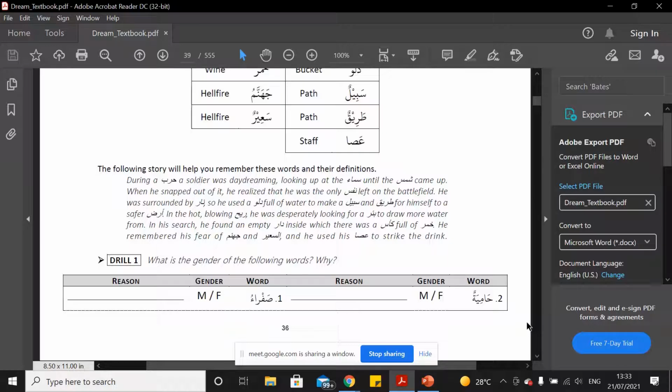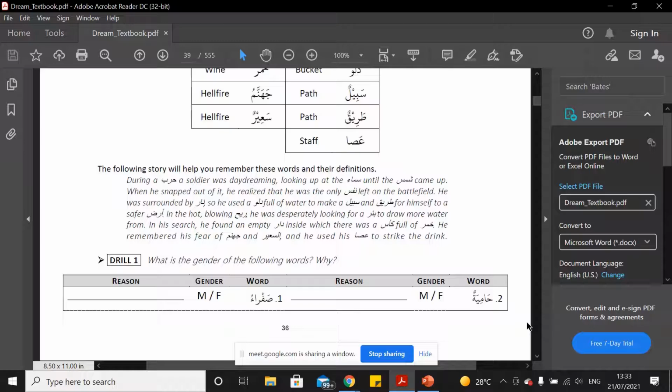Okay, the one thing: since we have studied the cases, you are using all the words in the Rafa forms. You said Shamsun, Samaun, but we know that the Rafa form is only for the doer, and for the object we use Nasab, and if it is after "of" or showing possession, and it's after a harfu jar, we consider it as a Jar form.